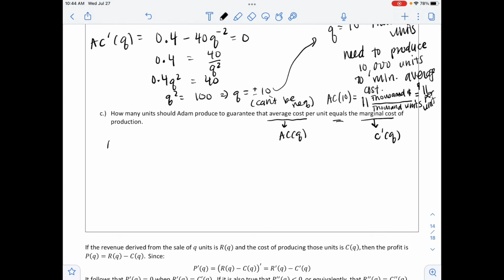So we have AC, or our average cost, equal to our marginal cost, or the derivative. Our average cost is listed up above in part B. So that would be 0.4 Q plus 3 plus 40 Q to the negative first equals, and our marginal cost is the derivative of our cost function, which we get as 0.8 Q plus 3.